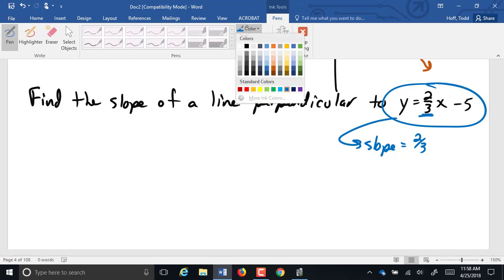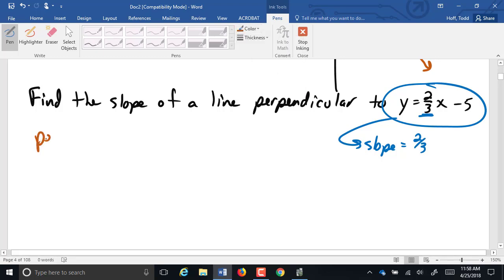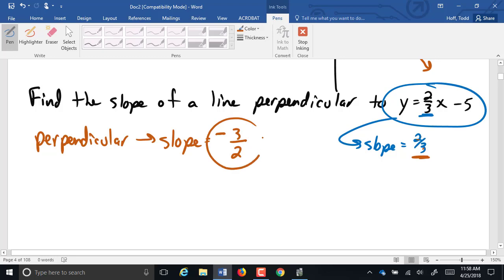So what that tells me is for my perpendicular, the slope is the opposite reciprocal. This is positive. The opposite would be negative. Reciprocal, this is 2/3. The reciprocal would be 3/2. So the slope of that perpendicular line is a negative 3/2.